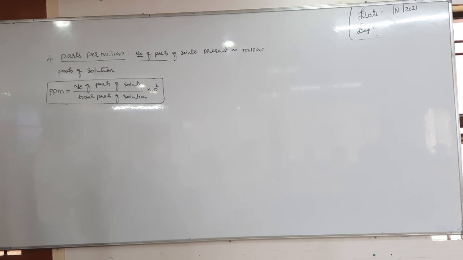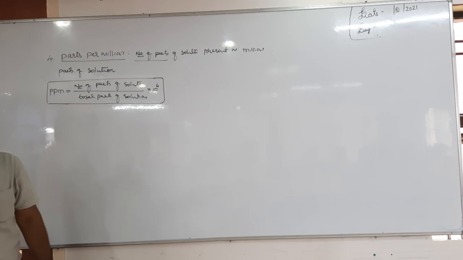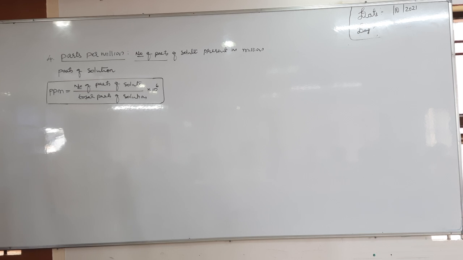So in the determination of hardness of water, hardness of water is due to calcium, magnesium ions, bicarbonate, sulfate, chlorides, etc., right? So here in hardness of water, calcium and magnesium ions are in minute concentration. So wherever minute concentrations of solutes are present, this method can be used, because how many parts of solute are present in million parts of solution, that is the meaning.